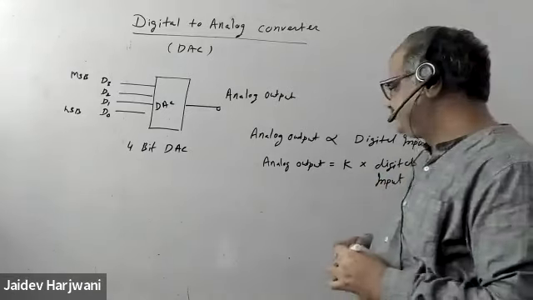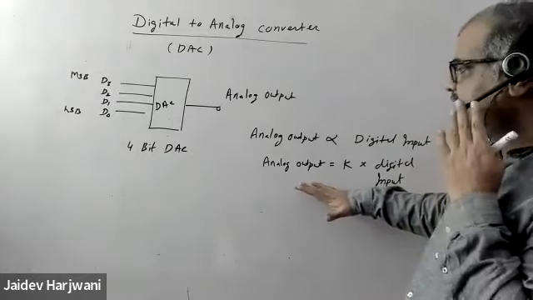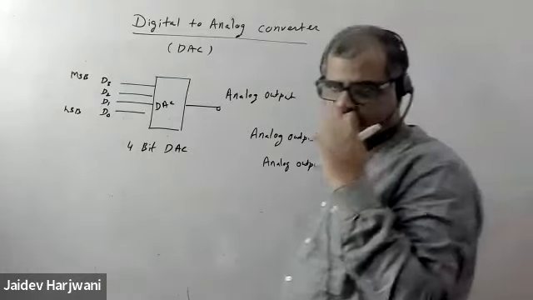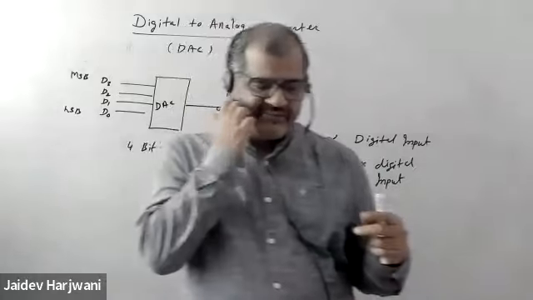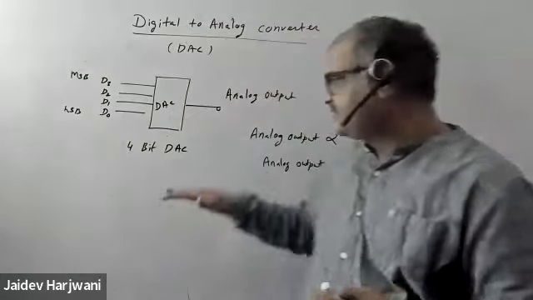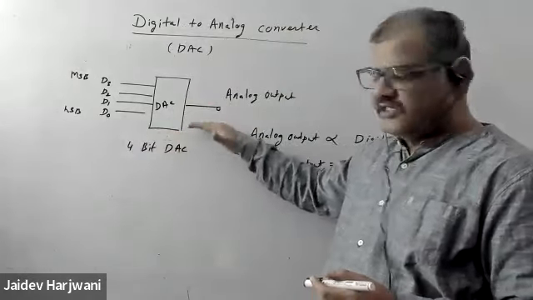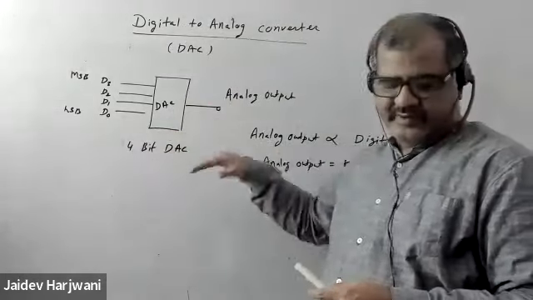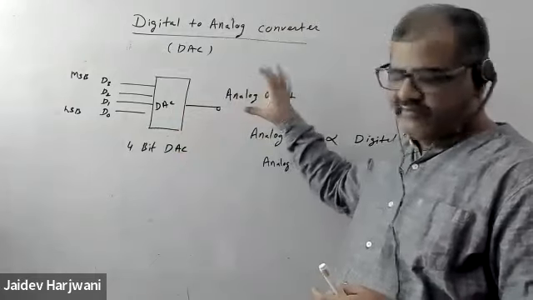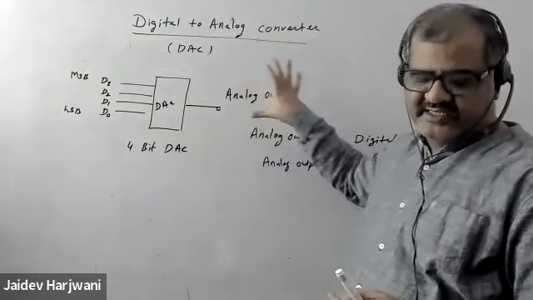Now here you understand that this conversion is not a true conversion, meaning it is not an absolute conversion. This conversion depends on which D2A converter you are using, whether 4-bit, 3-bit or 2-bit, and what is the maximum voltage range.